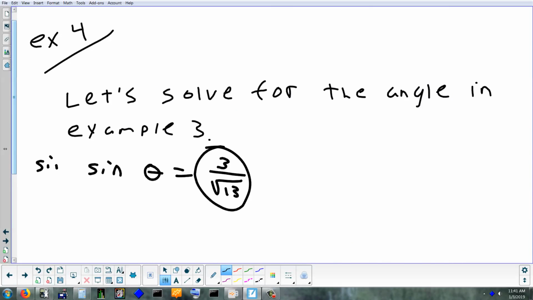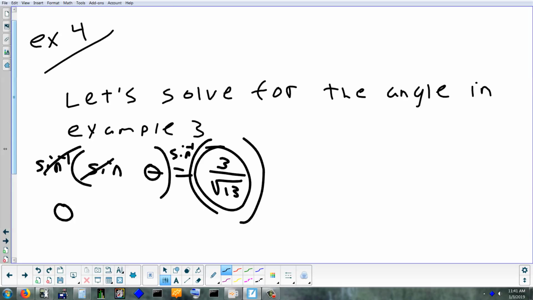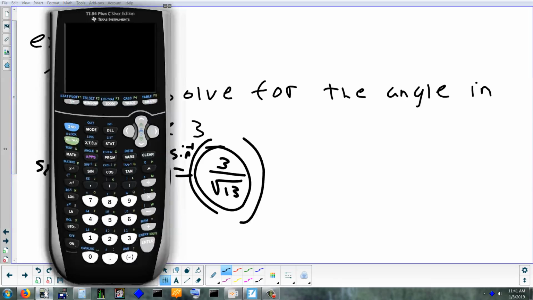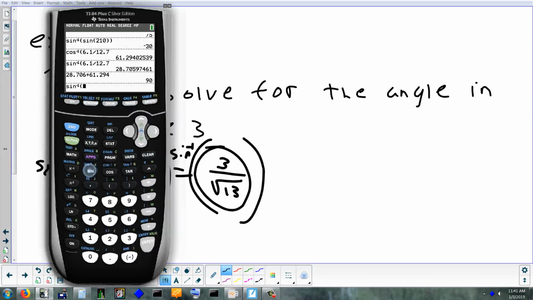I'm going to take the inverse sine, just kind of squeezing it in, the inverse sine. So theta is the inverse sine of 3 over square root 13. Let's see what we got. 3 over square root 13. Okay, so we get an angle of 56.31.